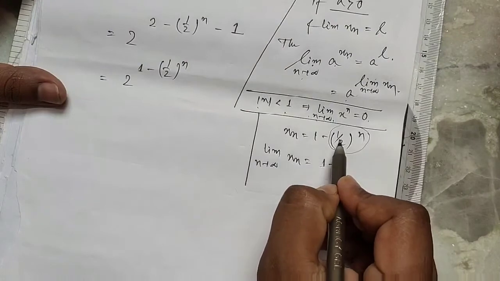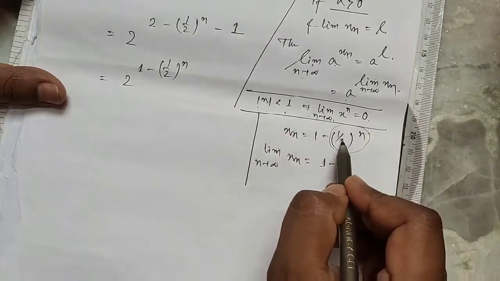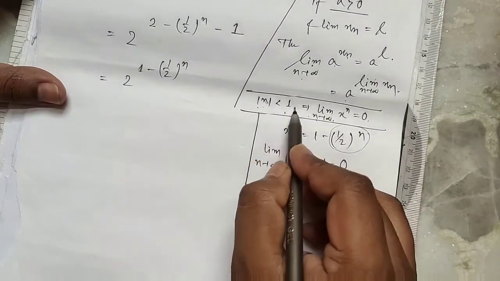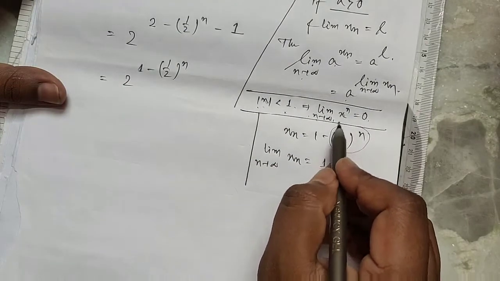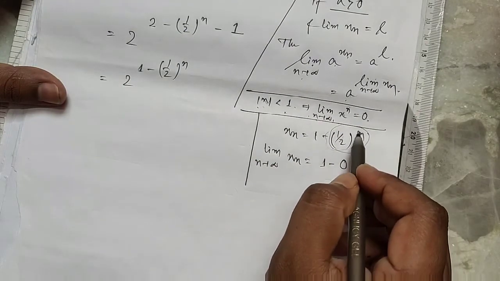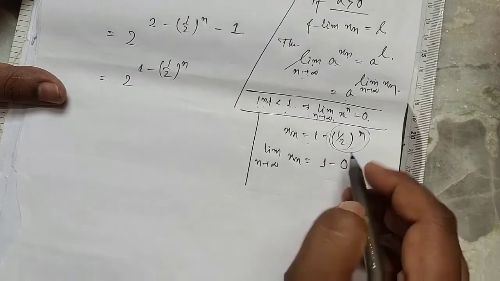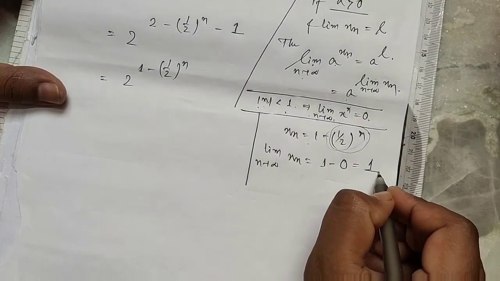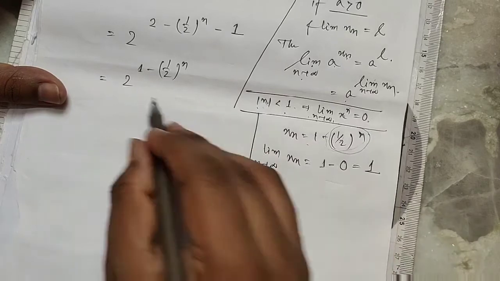Okay, so if x equals half, which is less than 1, then limit n tends to infinity half to the power n equals 0, so this converges to 0, so xn converges to 1.